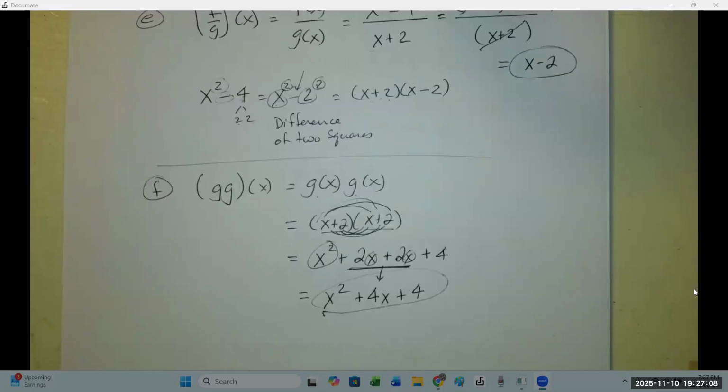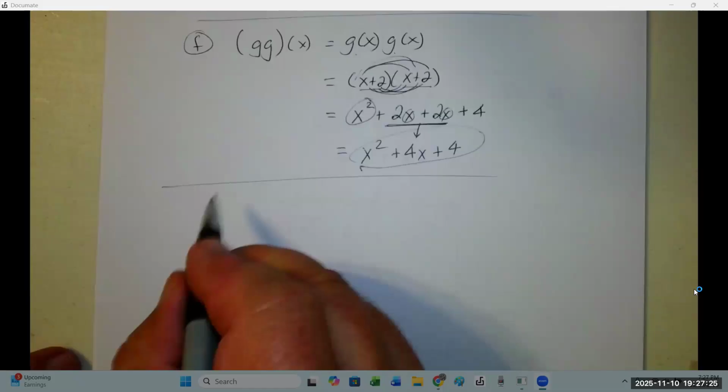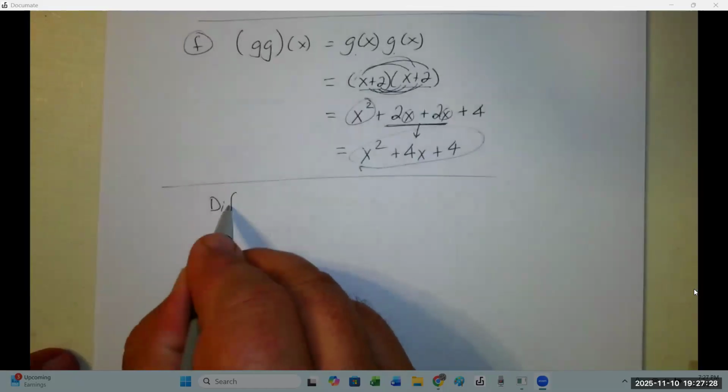All right. Now we're actually doing pretty good. The symmetry really shouldn't take us that long. Oh well, we'll see. The next part, something called the difference quotient.